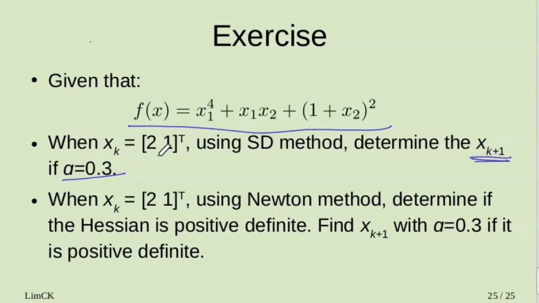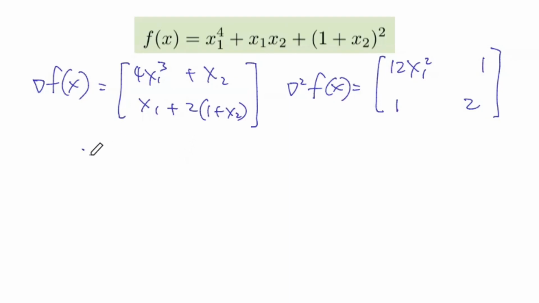steepest descent method, starting from this point 2, 1, sk plus 1 is equal to sk plus alpha pk.